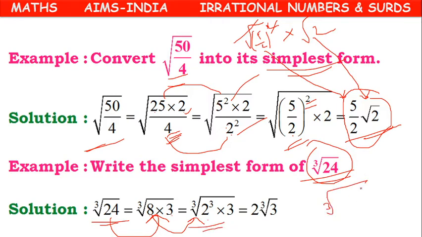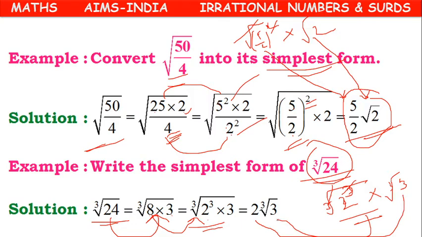Next what we have to do? We have to take the root separately. Cube root of 2 cube into cube root of 3. So cube root and power 3 cancel. 2 will be remaining. Here cube root 3 will be remaining. So this is the simplest form.